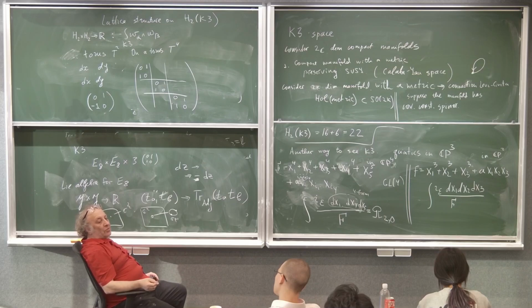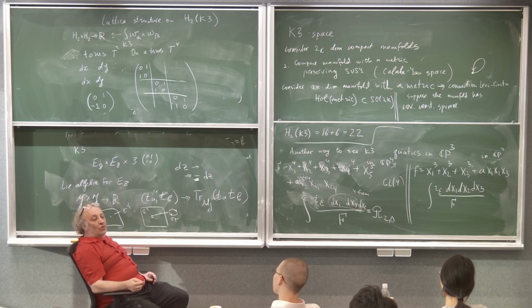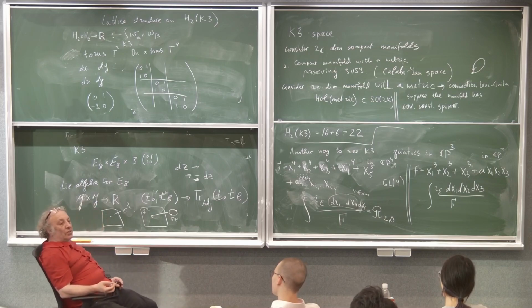So we have no chance to get a Calabi-Yau space. And also, in order to make a blow up, you need at least 2 complex dimensions. So blow up could be done in complex codimension 2.